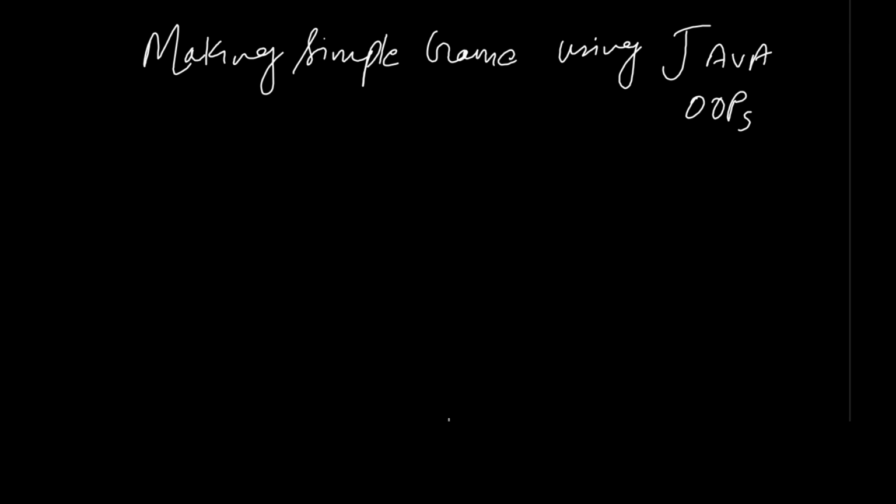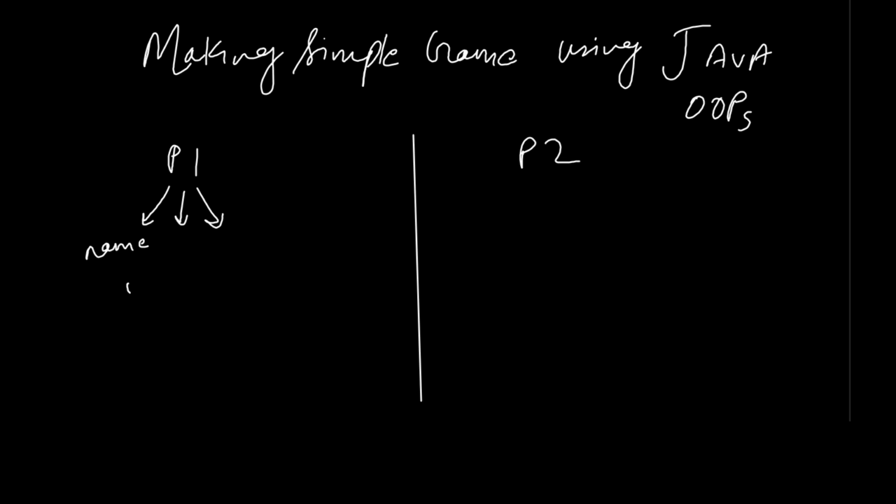So basically, we will be creating two players. One will be, let's say, player 1, P1, and the other is P2. These players have some common properties: they all have a name, they have some weapon, and they are going to have some health, which is an integer.